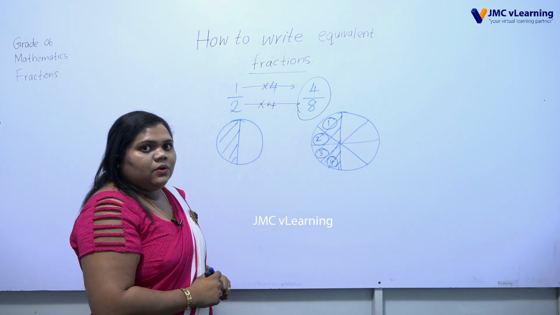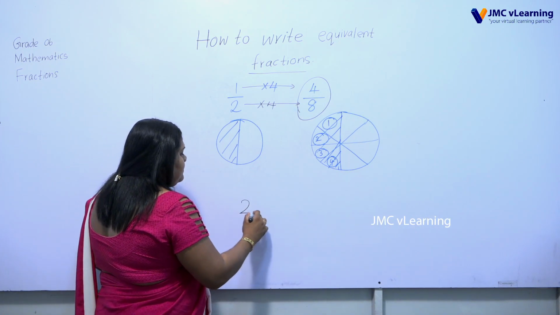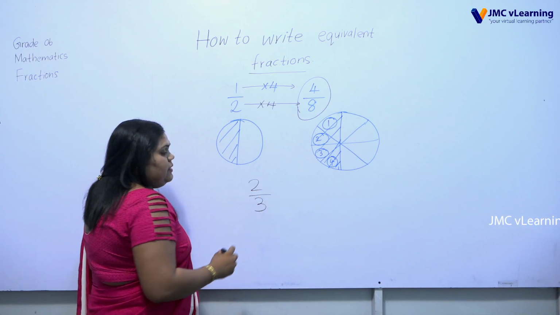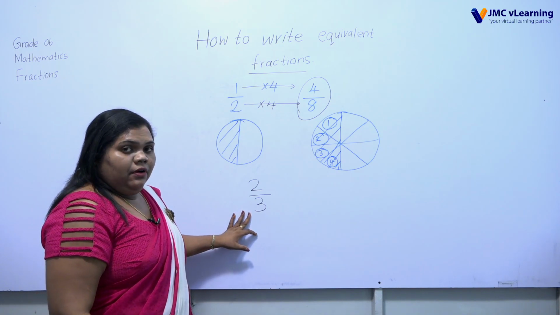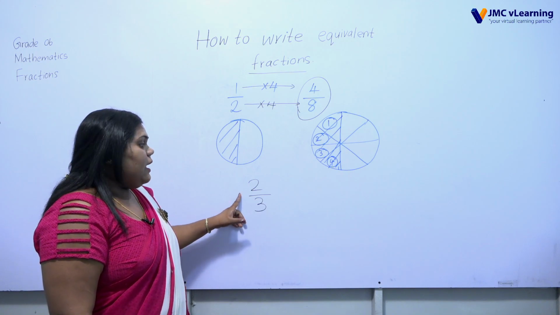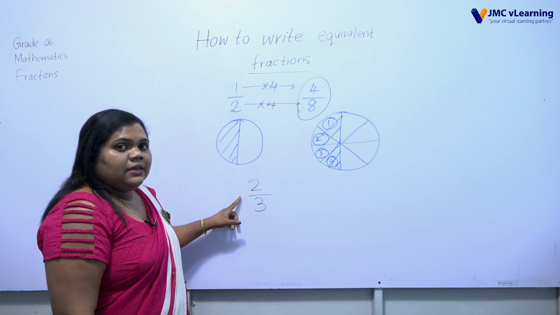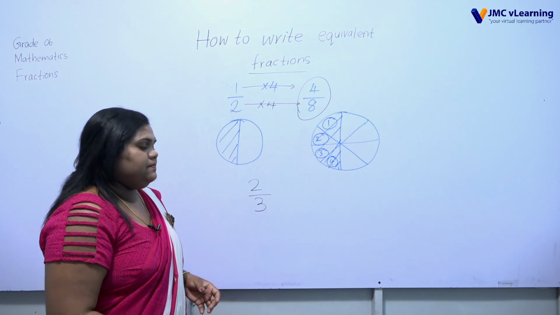Are you clear? Okay. I'll take another example. Now I'm going to write the equivalent fraction for this 2 out of 3. So I can multiply both the denominator and numerator by a number to get an equivalent fraction.